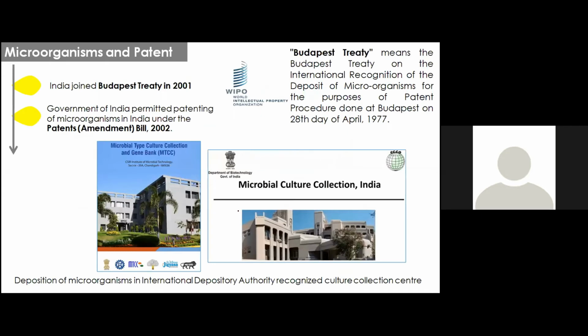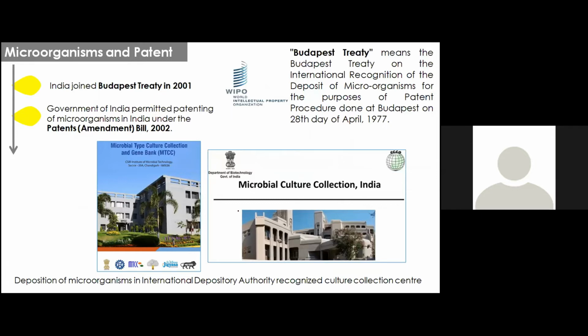Let us go to the microorganism and the patent. In the second slide, I have explained that India, after joining the TRIPS agreement, also became a part of the Budapest Treaty in 2001, which is administered by the World Intellectual Property Organization.